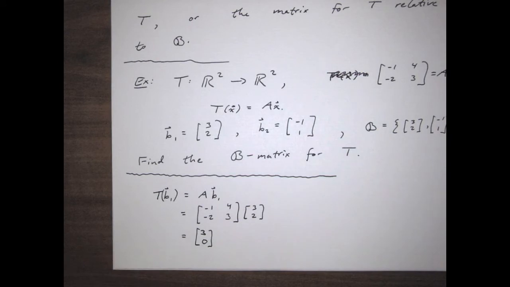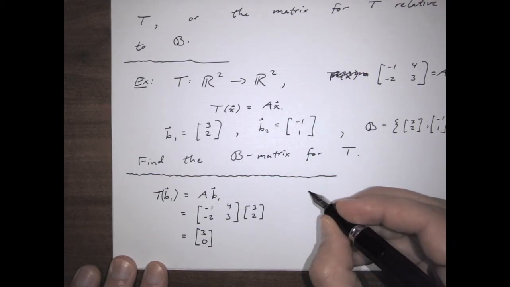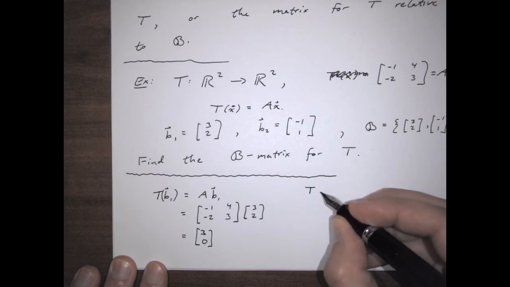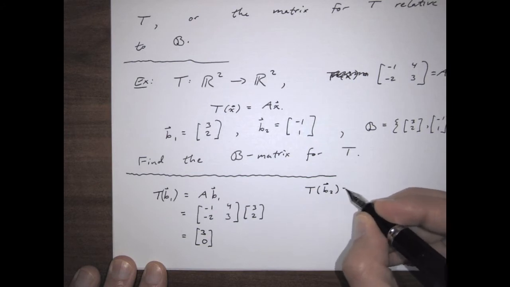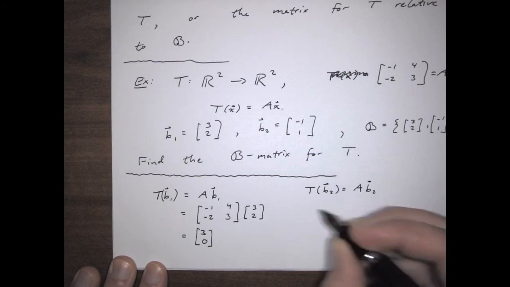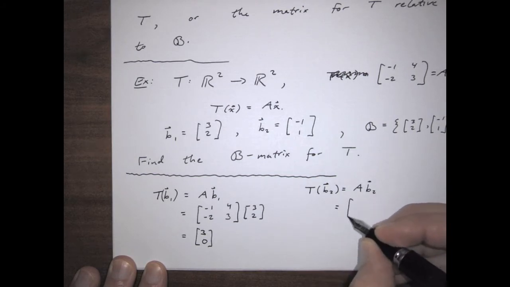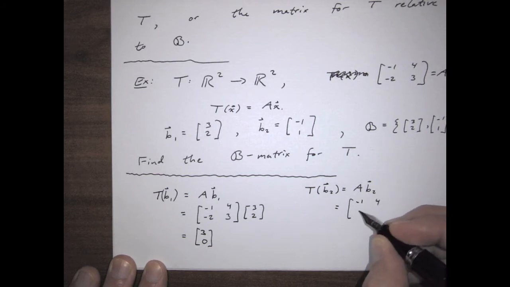And now what we need to do is figure out the representation of this relative to the B's. Now before we do that, while we're at it, we might as well also find the image of B2. So it's going to be A times B2.